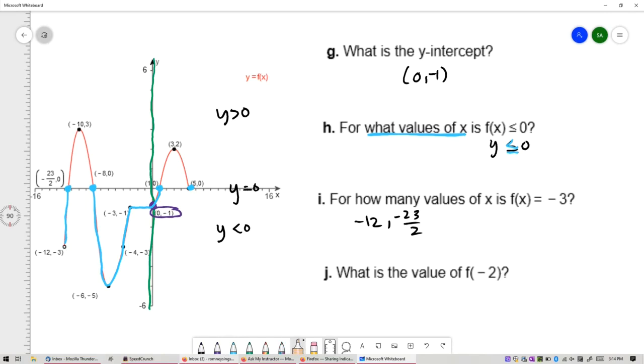The endpoint here has an open circle, so we would not include that, and that would use a parenthesis to not include it in the set. However, the other end is on the x-axis, and it is a filled-in circle, so we want to include it. I'm writing in the wrong spot. Sorry about that. Negative 12 to negative 23 over 2.